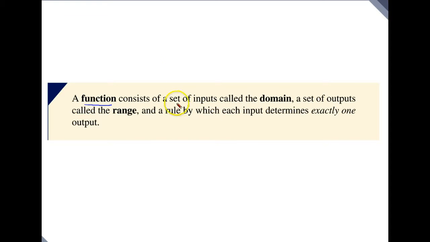Well, by the definition, if you have ordered pairs, if the x element is only used once in a series of ordered pairs, we consider that a function. If the x value is used more than once in a series of ordered pairs, it's not a function. And that's what they're saying right here. Okay, now let's go on.